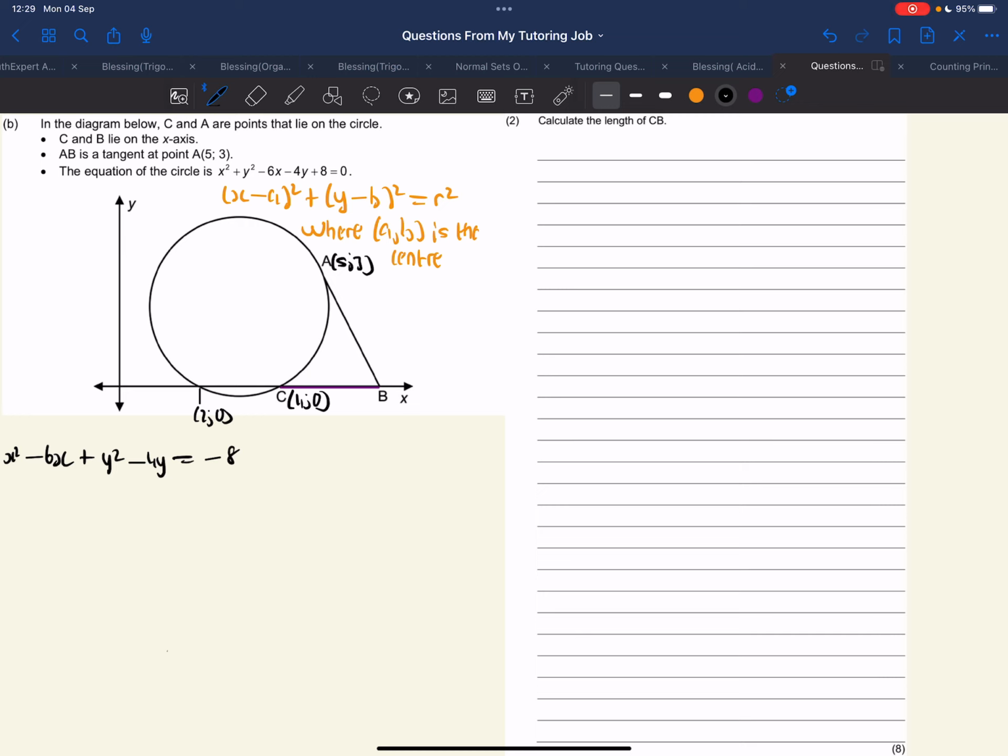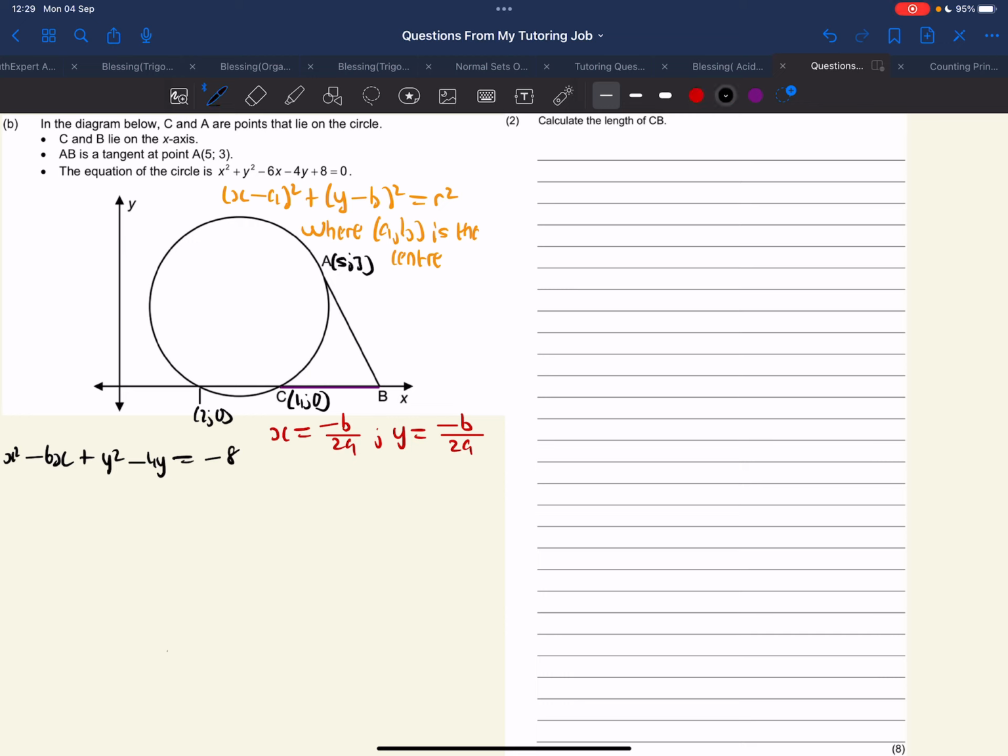Now remember, I'm going to need to add this thing here. For x, it's minus b over 2a, and for y it's also minus b over 2a, right? That's what I'm going to add on both expressions, and also on the right hand side.